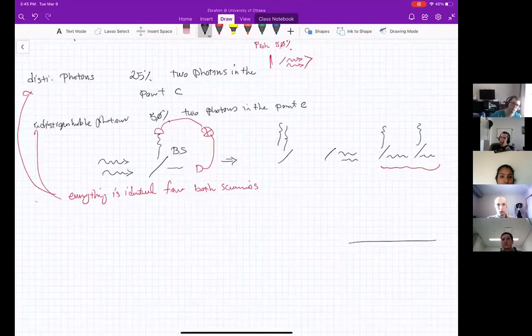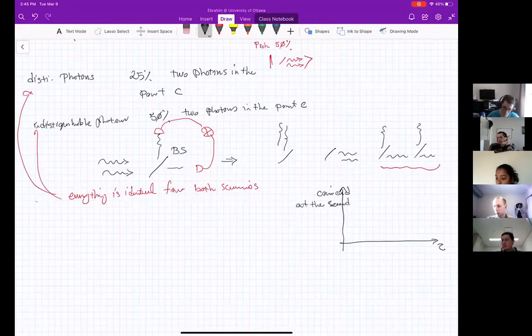So if I look at the arrival time, and I look at the coincidence at the second beam splitter, this is what happens. The coincidence is fixed because it's 25% probability, right? Essentially, it will be 50% of 25%. I don't care about the 50% because it's identical for both cases.